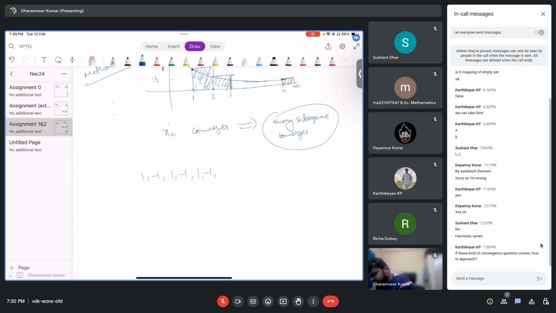Whenever there is a question of subsequence, I always consider this. So 1, 1, 1, 1. This is a subsequence converging to 1. Minus 1, minus 1, minus 1. These two subsequences are converging, but this is not enough.